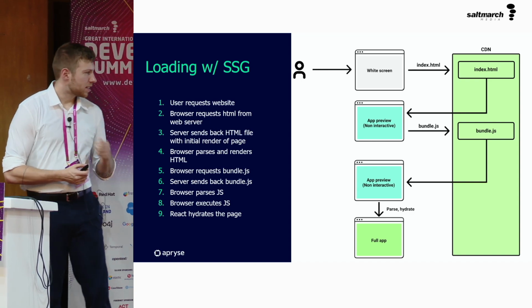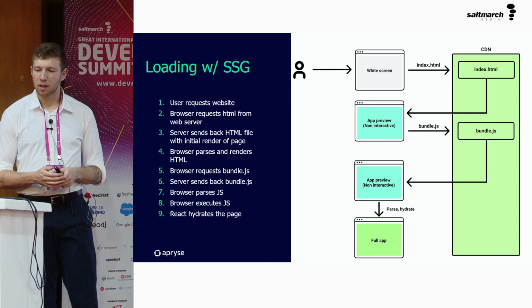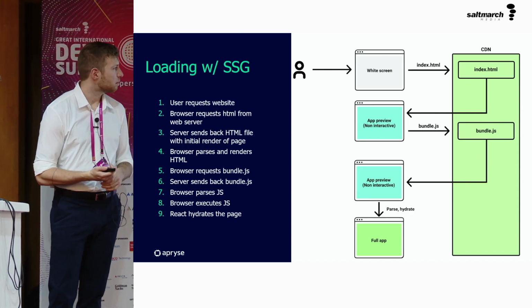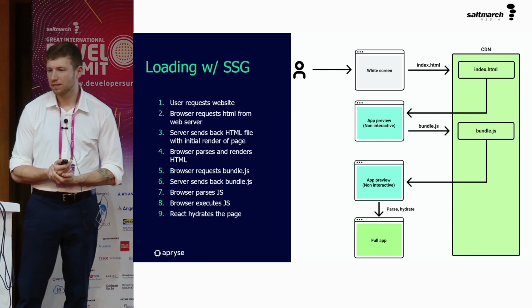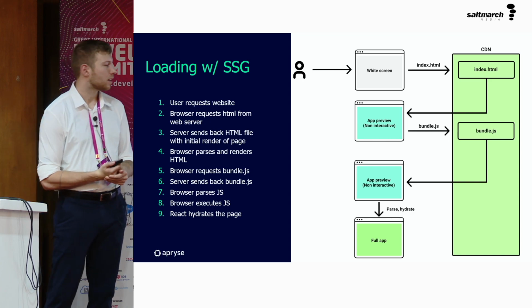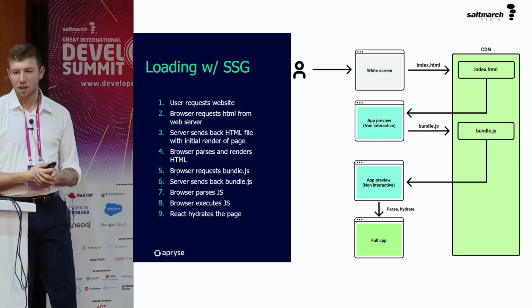So the output of a static site generation at build time is typically a single HTML file per page. So if I have 5 pages in my CMS, the output is going to be 5 HTML files. However, if I have 1 million pages in my CMS, the output is 1 million HTML files. And this often leads to long build times.